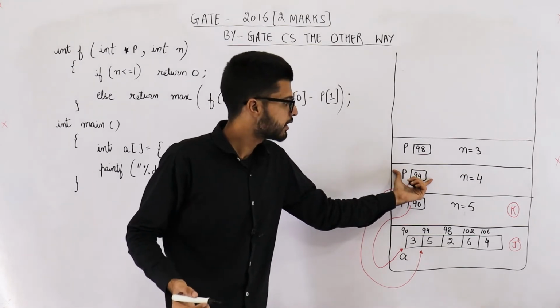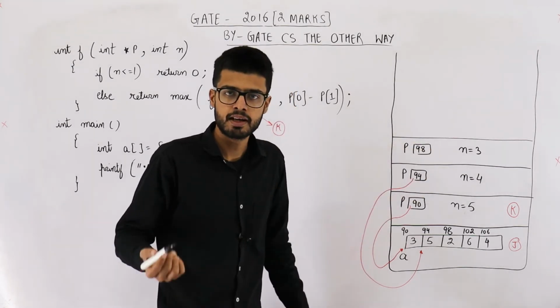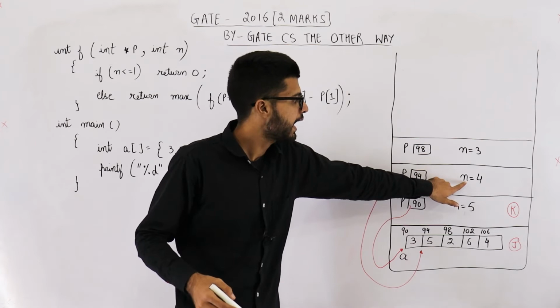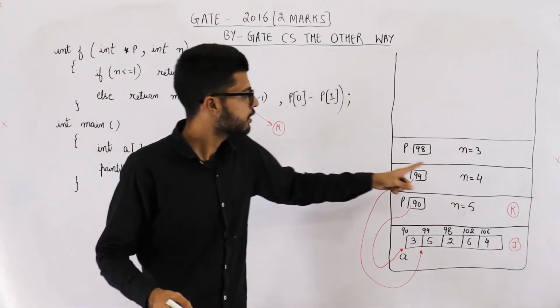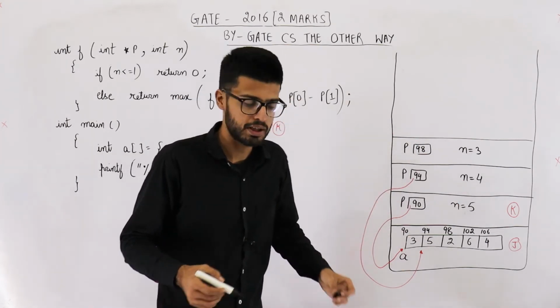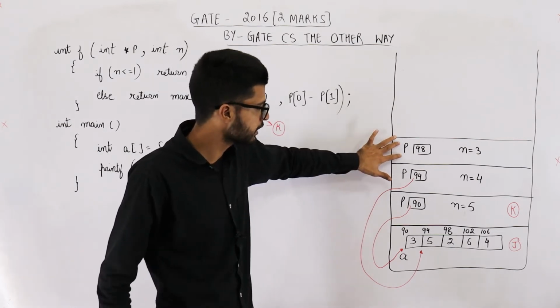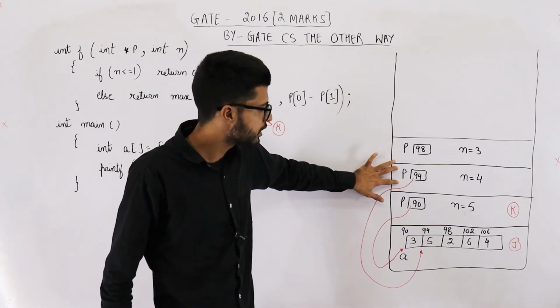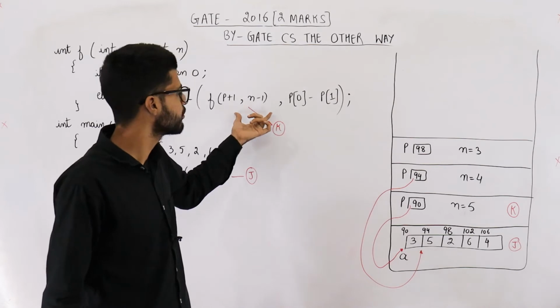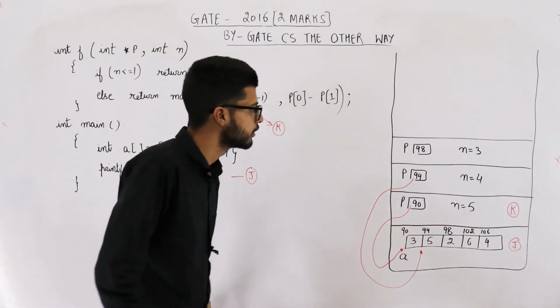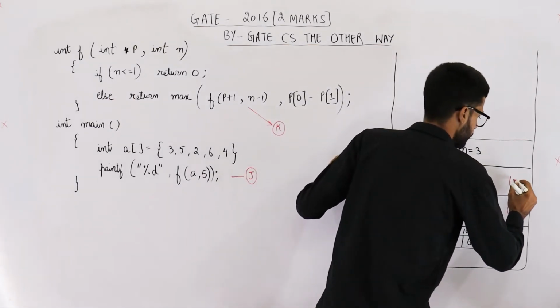Currently p is 94. So p plus 1, that means 98 is passed. And n minus 1, this one means 4 minus 1, so 3 is passed. And whenever this function ends, we will come back to this function and we will resume from this point k only. So here also I am writing k.